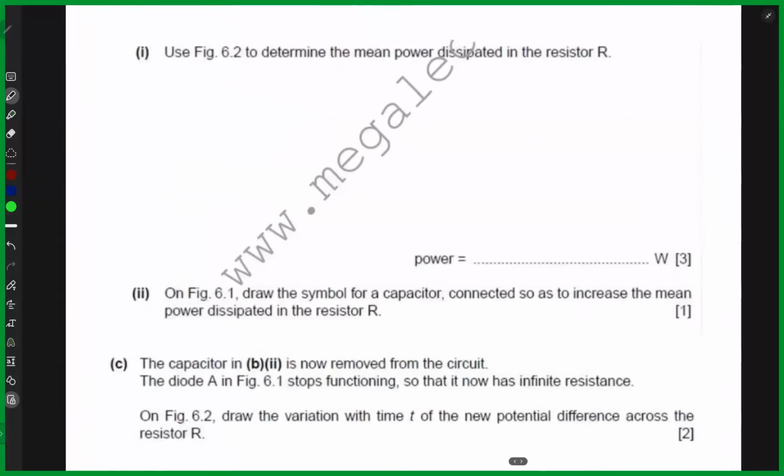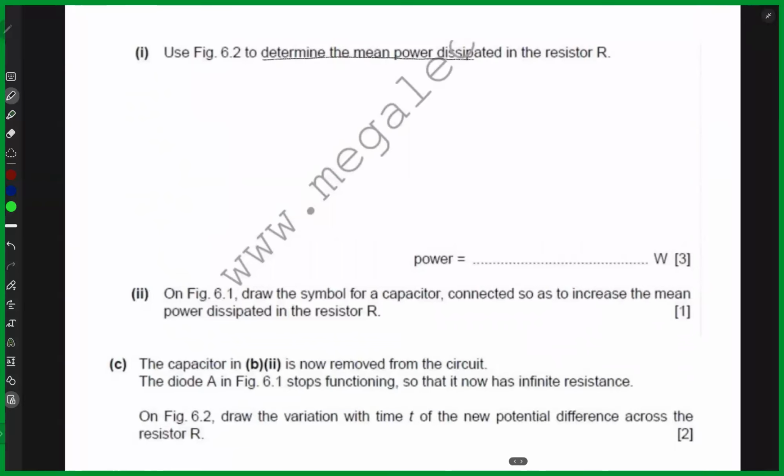Let's see what we want. We want to determine the mean power dissipated in the resistor R. So we know that the mean power that is dissipated in your resistor is given as the square of mean voltage divided by R, right? Okay, so what is mean voltage?